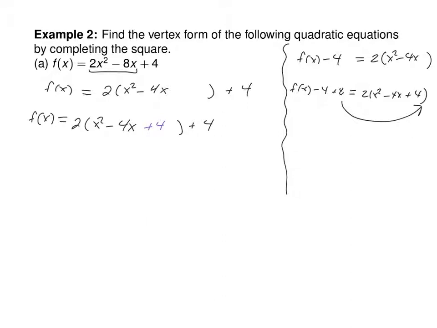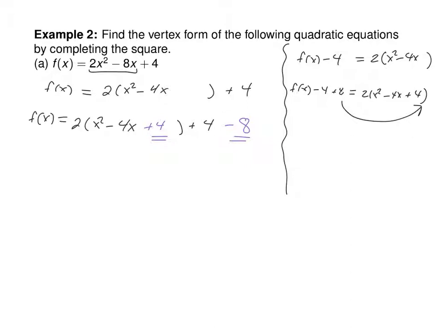And people often skip that step and just write negative 8. What they've done then is they've added 8, right? And they've taken away 8. And that means effectively you've added 0 in a very clever way, but it hasn't changed the original equation. So you add something, but then you take it away to compensate.